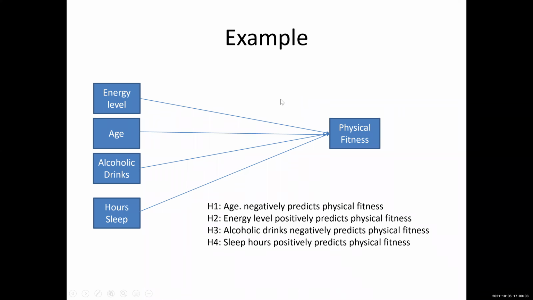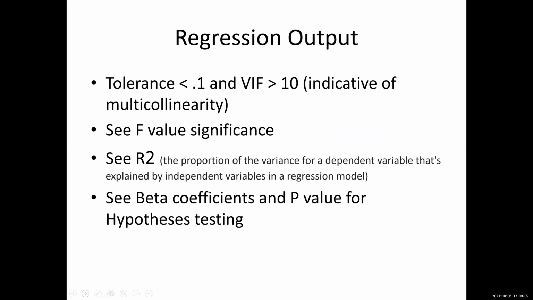Now, let me go back. Okay. So I'll demonstrate how we can use that. Once you run the regression, one of the important things which we typically look at is the tolerance value and VIF, variance inflation factor.